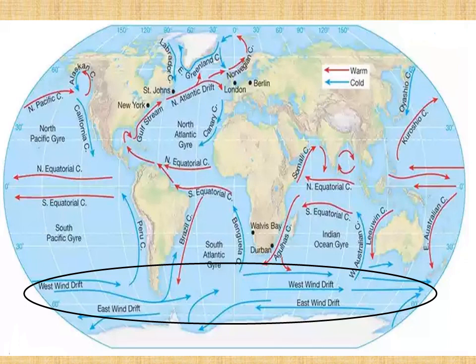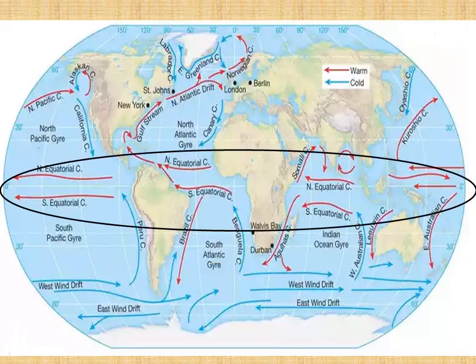Another important current flowing over here on the surface of the earth is a warm current, that is the north equatorial and the south equatorial currents. These currents flow parallel to the equator. Now we will be dividing the surface of the earth into two halves, the northern part and the southern part, and we will try to remember all the currents in detail in the next slide.